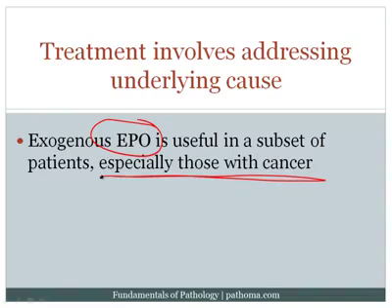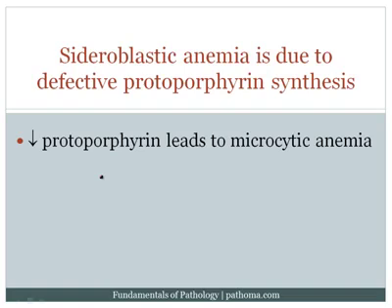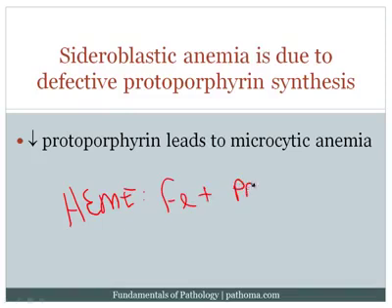The next of the microcytic anemias that I would like to discuss is called sideroblastic anemia. Now, sideroblastic anemia is going to be due to a defect in protoporphyrin synthesis. Again, go back and remind ourselves that heme, as I've stated many times already, is composed of iron plus protoporphyrin.